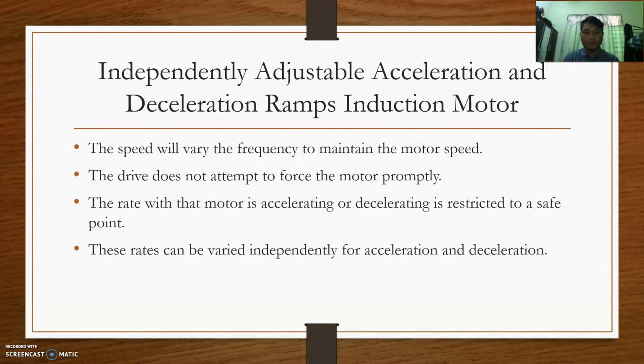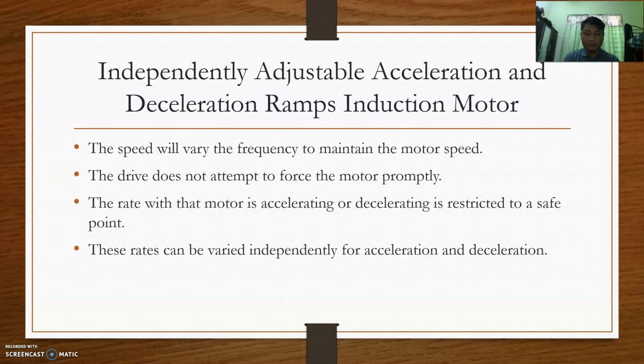When the required speed of the motor varies, any motor drive that regulates the speed will vary the frequency to maintain the motor speed. If the speed variation is abrupt, like it varies from 900 to 1200 revolutions per minute, the drive does not attempt to force the motor to promptly jump from the older required speed to the newer required speed.